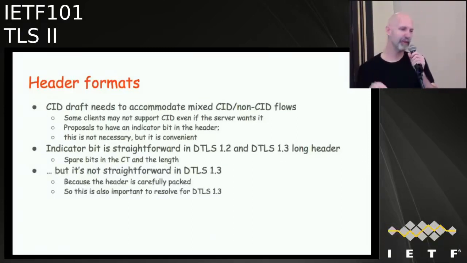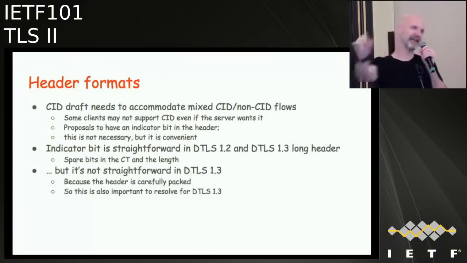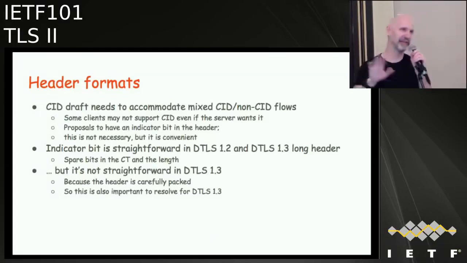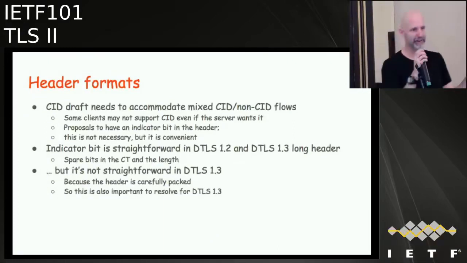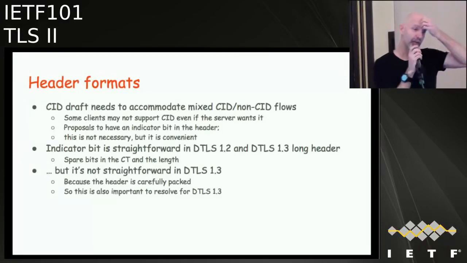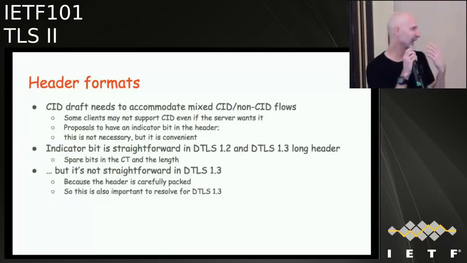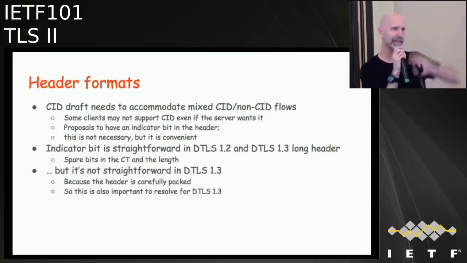But when we did the DTLS 1.3 short header, we packed everything really hard, so there's actually no extra space at all. And in fact, as I'm about to say, there may actually be a little less space than you'd like. We didn't know enough about what we're going to do with 1.3 to make sure we're not taking a path in 1.2 that screws everything up for 1.3.